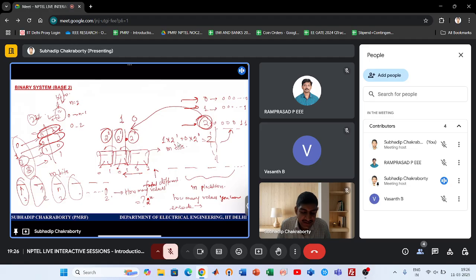For example, you have a machine and you have a ball kept here. For the logic level 0, the ball will not be lifted; there is a kind of lifting mechanism.